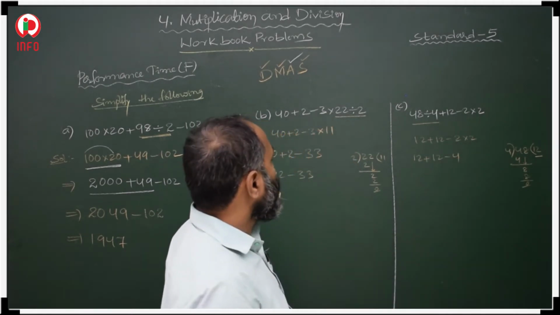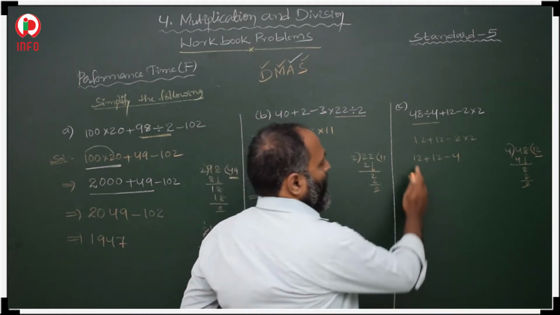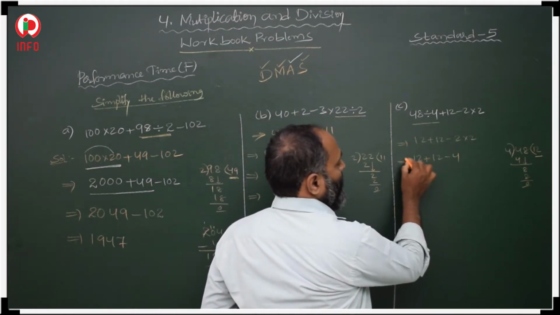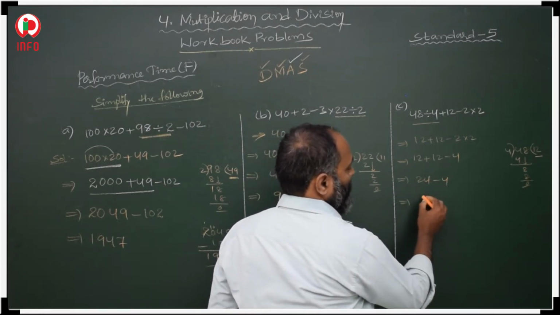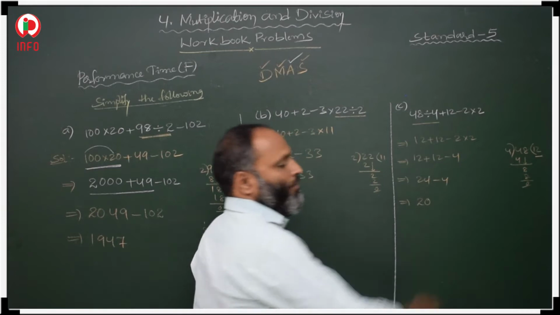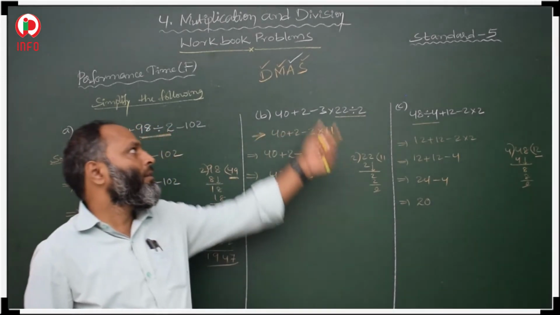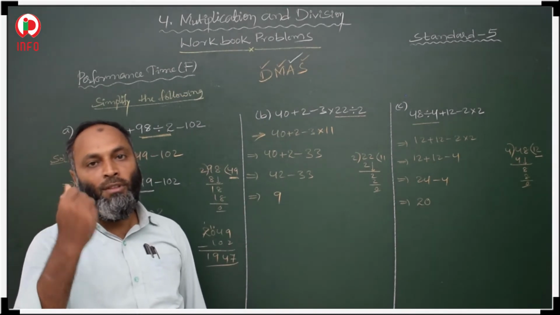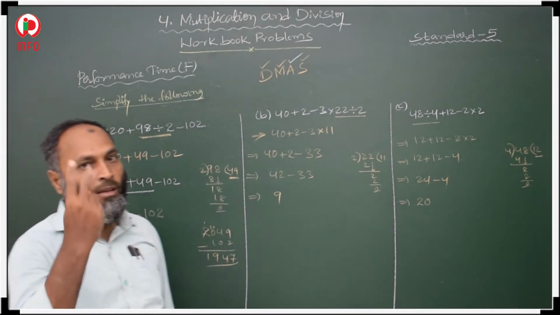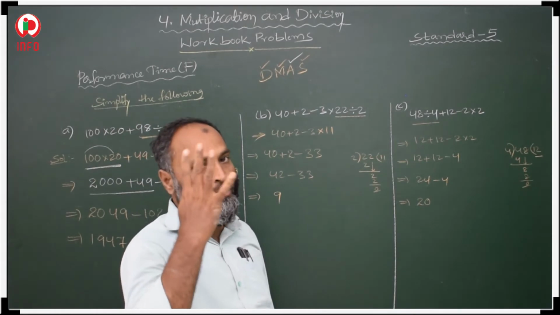After multiplication, addition. 12 plus 12, 24 minus 4. Now subtraction. 24 minus 4, 20. This is the rule we have to apply. DMAS rule. First, we give preference to division, then multiplication, addition and subtraction.